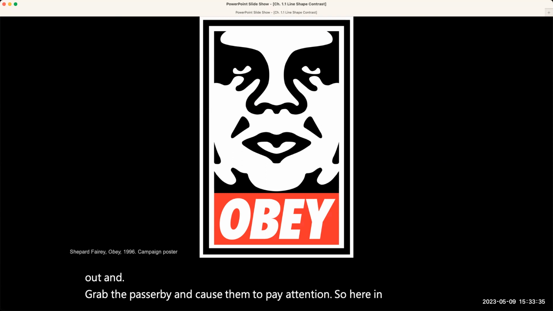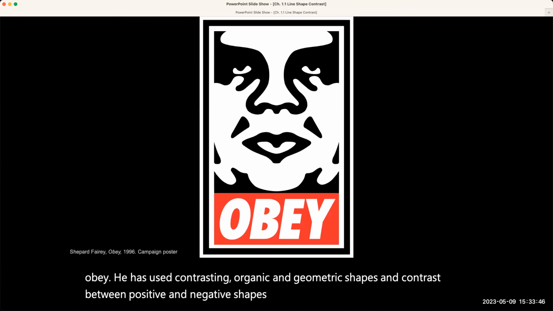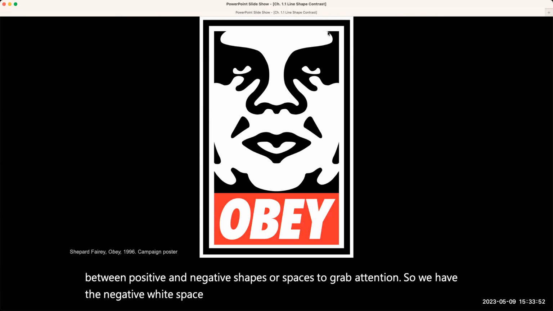So here in Fairey's work, Obey, he has used contrasting organic and geometric shapes and contrast between positive and negative shapes or spaces to grab attention. So we have the negative white space and the positive black space or shape.